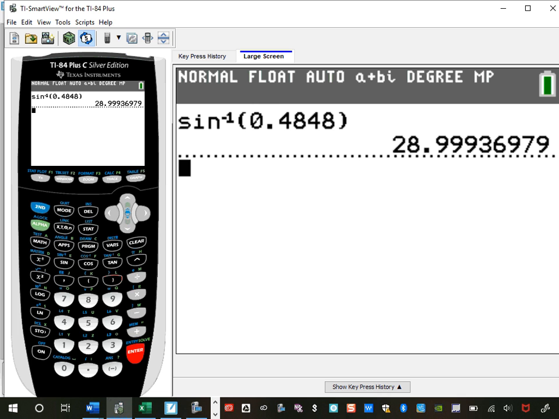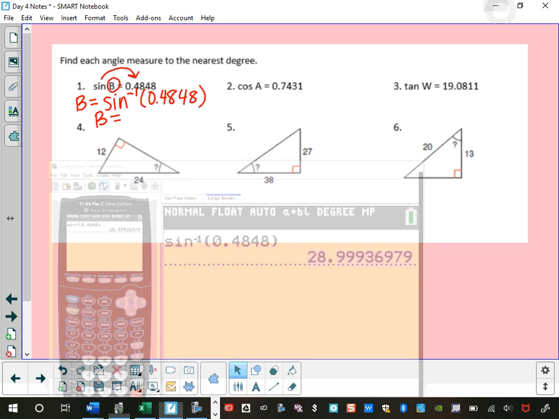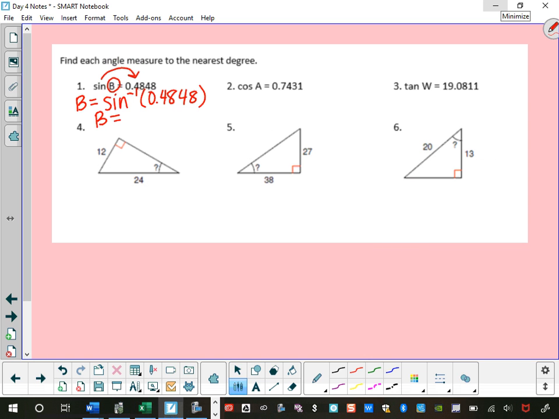When we have an angle, we're always rounding our angles to the nearest whole number, because we'll never say this angle is 33.2 degrees. So in this case, you're going to round this to what? Yep, 29. So angle B is 29 degrees.